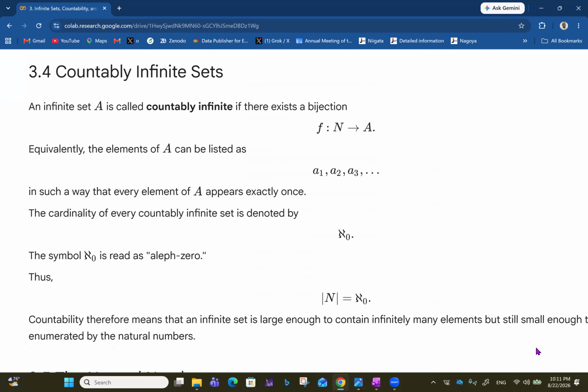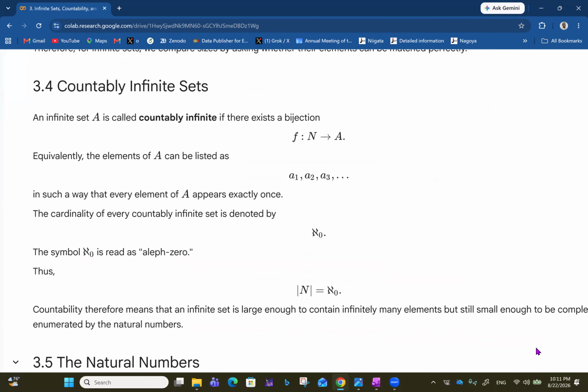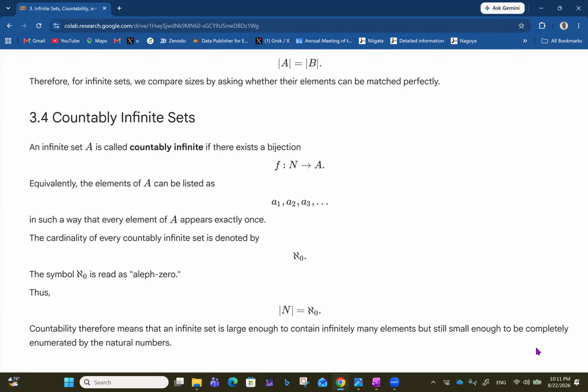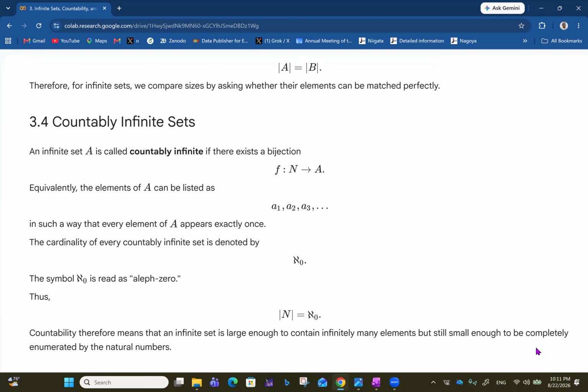Then we go ahead to talk about countably infinite sets. Those sets can be infinite, but we may still be able to count them. An infinite set A is called countably infinite if there exists a bijection f which maps N to A. Equivalently, the elements of A can be listed as A1, A2, A3, and so on in such a way that every element of A appears exactly once.